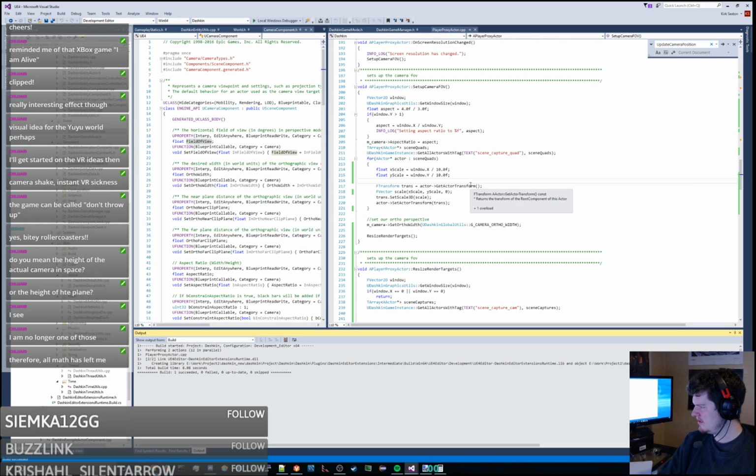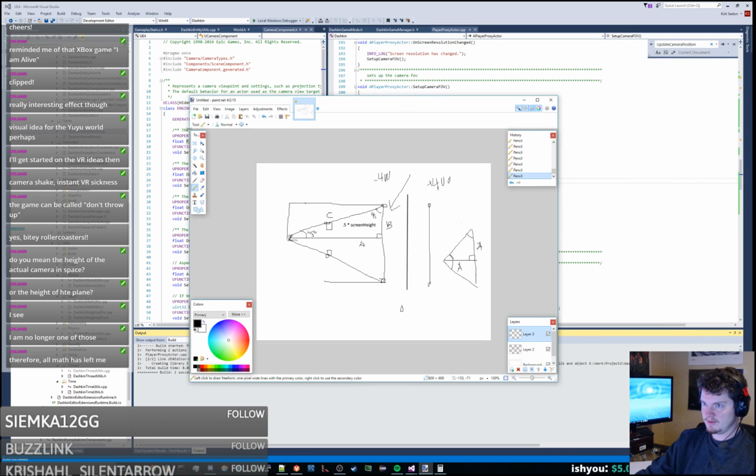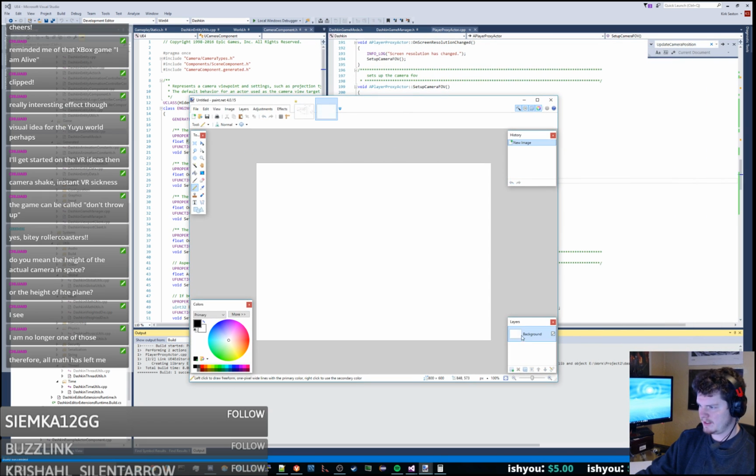But this thing needs to be a little bit bigger, since this new thing is a little bit behind. We've got our plane for what our object should be here, and then we've got this distance here, and we actually need to inflate our height.